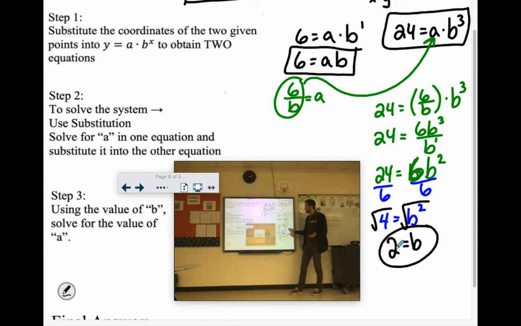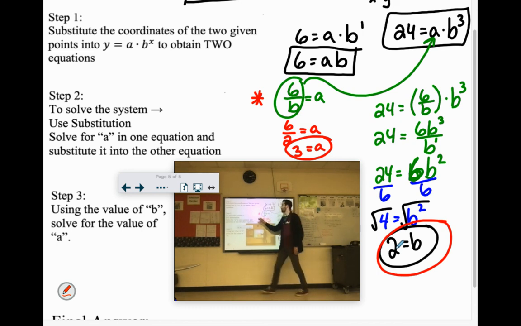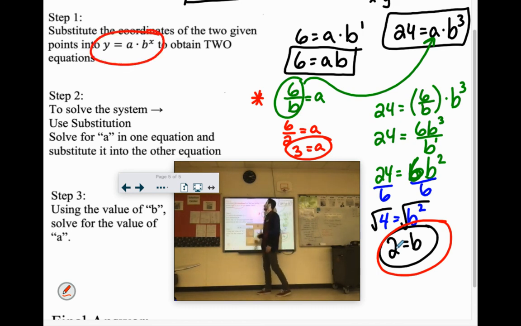So we have b. Now to figure out a, we can substitute that into either of the equations. This one over here is probably going to be the easiest. A equals 6 divided by b, which we know b is 2. So a would be 6 over 2, which is 3. A equals 3. And now we're going to take this a and b, and sub that into the original function, y equals a times b to the x.